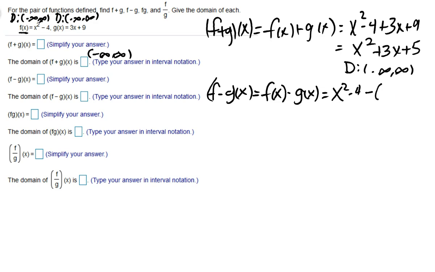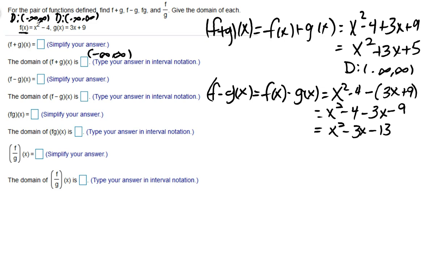Notice I'm putting parentheses around g of x to make sure I'm subtracting the whole function. And when I simplify this, I need to distribute that negative sign. Make it minus 3x minus 9, and then combine like terms. That would give me x squared minus 3x minus 13. So that is f minus g.